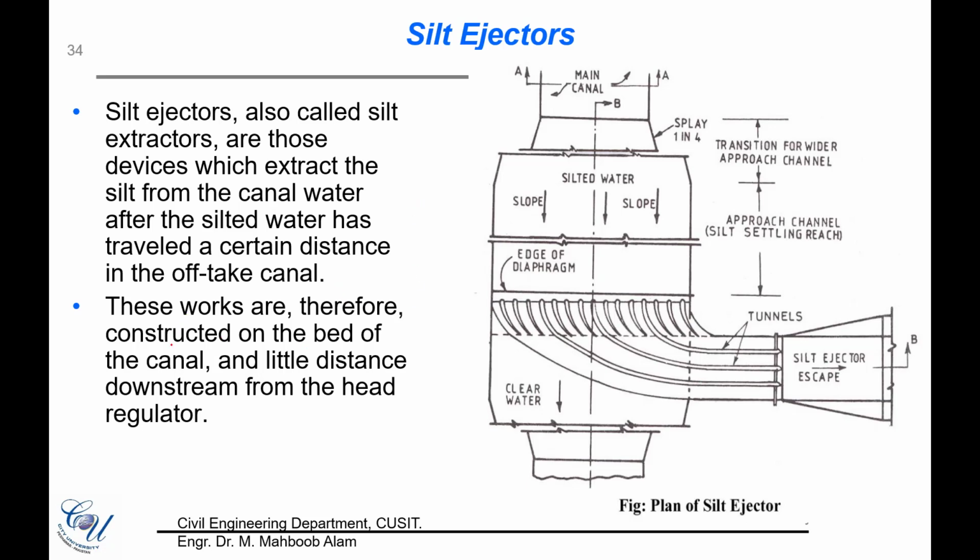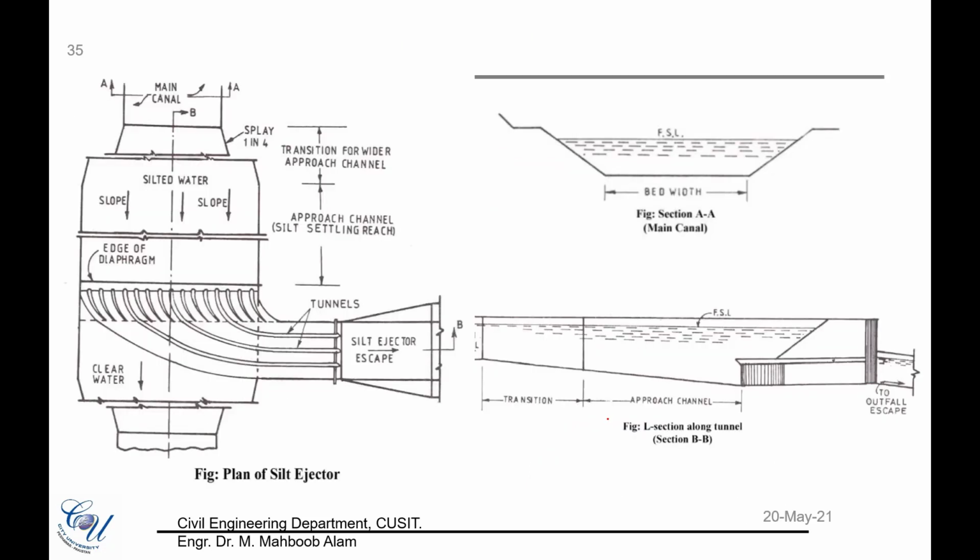So these works are constructed on the bed of the canal, a little distance downstream from the head regulator. This is where they are installed, and this would be clear when you look at the section map here. You see this is our section AA of this particular channel, the channel just before entering into the silt excluder. So the normal bed width and the sloping sides of the river.